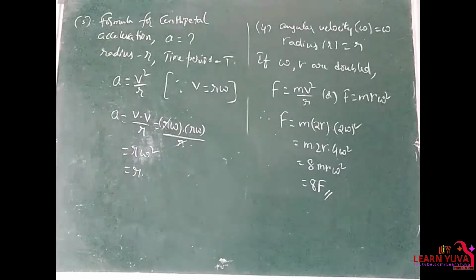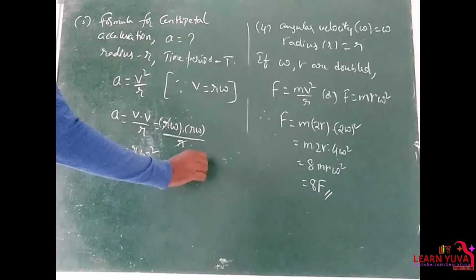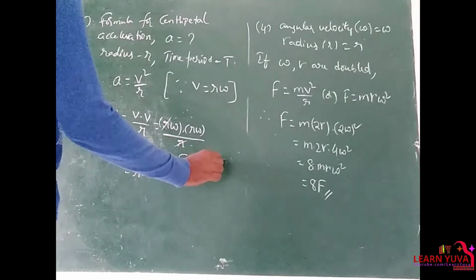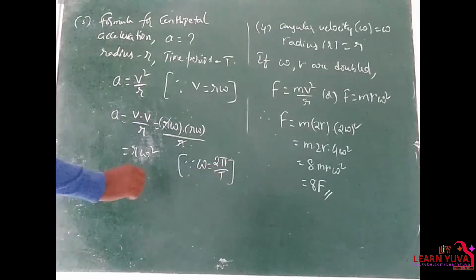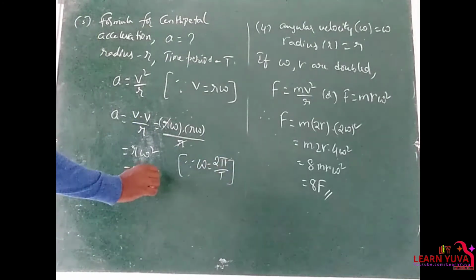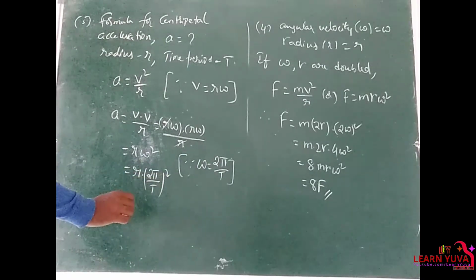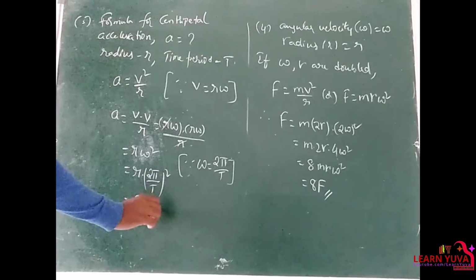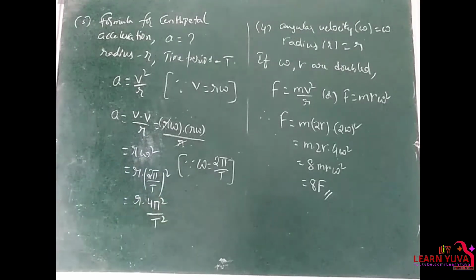What is omega? Since omega is equal to angular velocity is equal to 2 pi by T. So r into 2 pi by T whole square, that is equal to r into 4 pi square by T square.